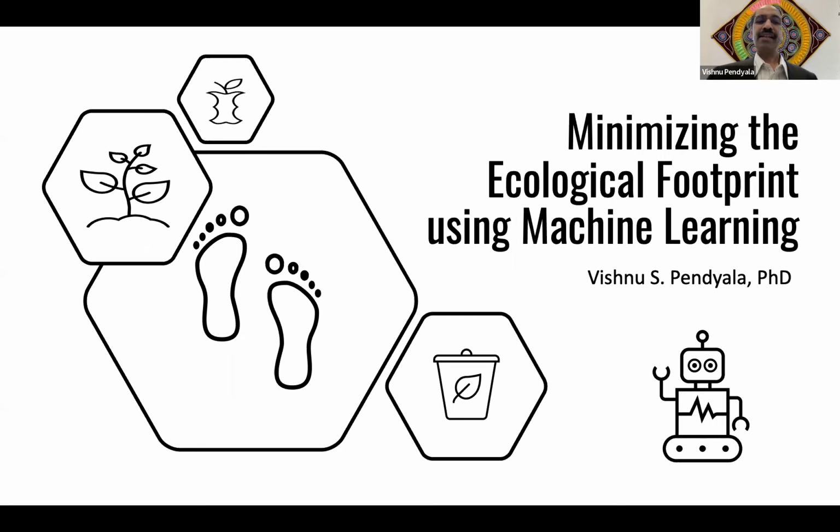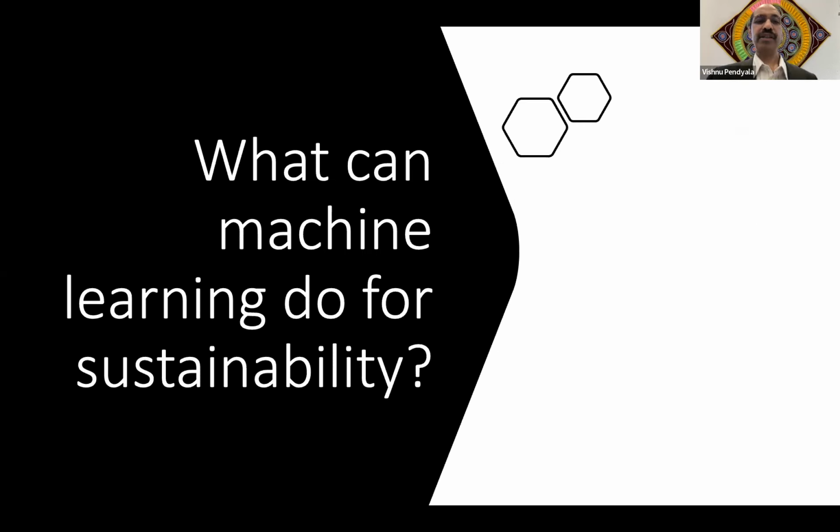So what can machine learning do for us? Or what can machine learning do for sustainability? There are two parts to sustainability, right? One is conservation and the other is resilience, right? We need to do our bit to make sure we are not overburdening nature, Mother Nature.